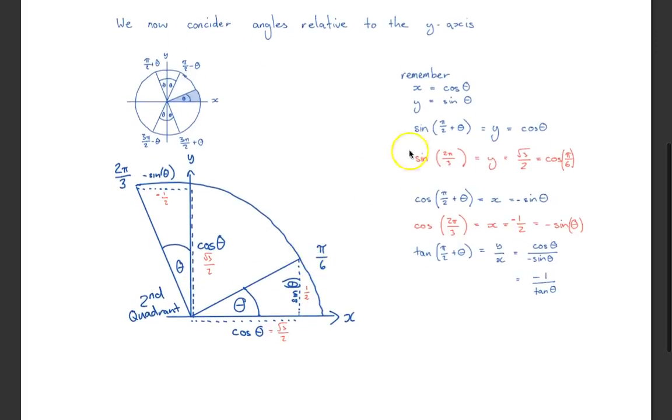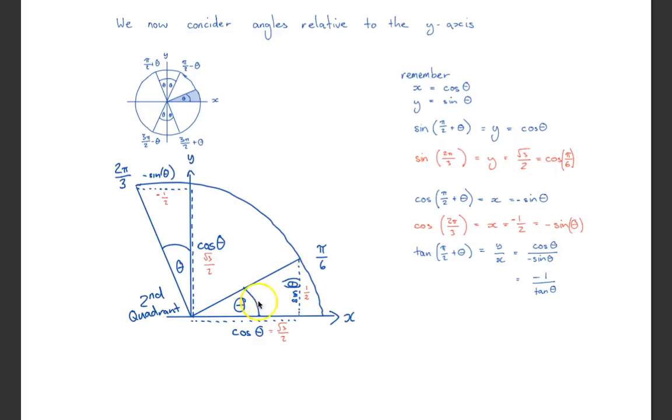So don't forget that our x value is cosine of theta and that our y value is sine of theta. So again, that looks a little bit like this in the first quadrant with our reference angle. Cosine is the x coordinate, sine is the y coordinate.